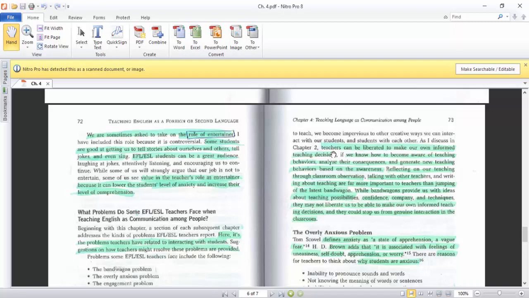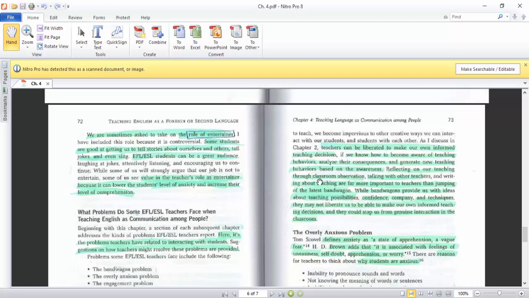Okay, teachers can be liberated to make our own informed teaching decisions if we know how to become aware of teaching behaviors, analyze their consequences, and generate new teaching behaviors based on the awareness.